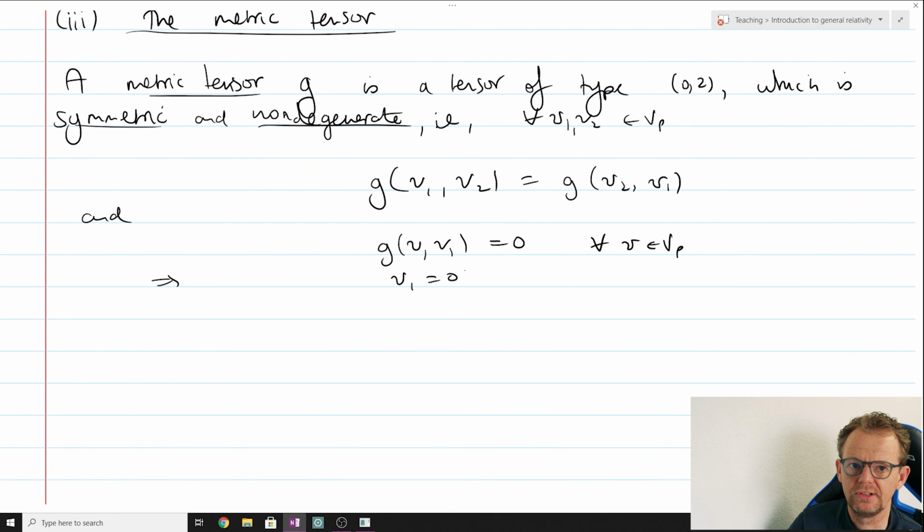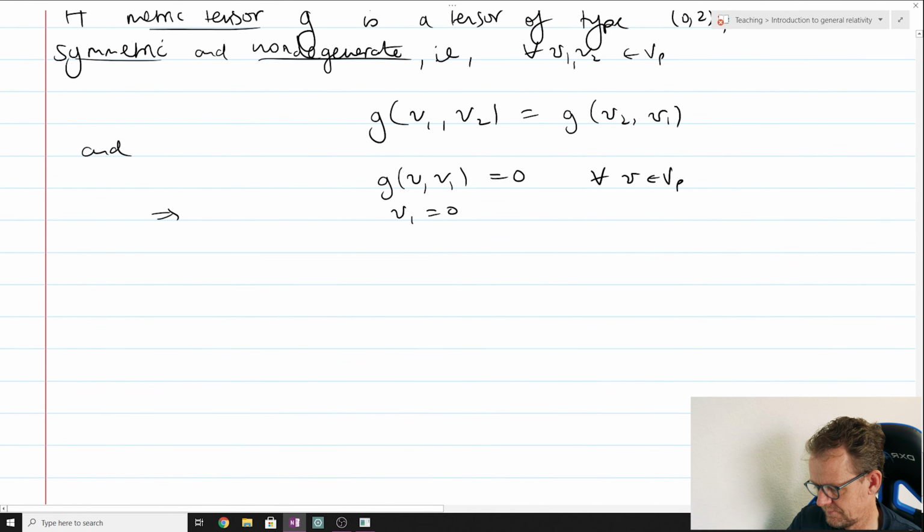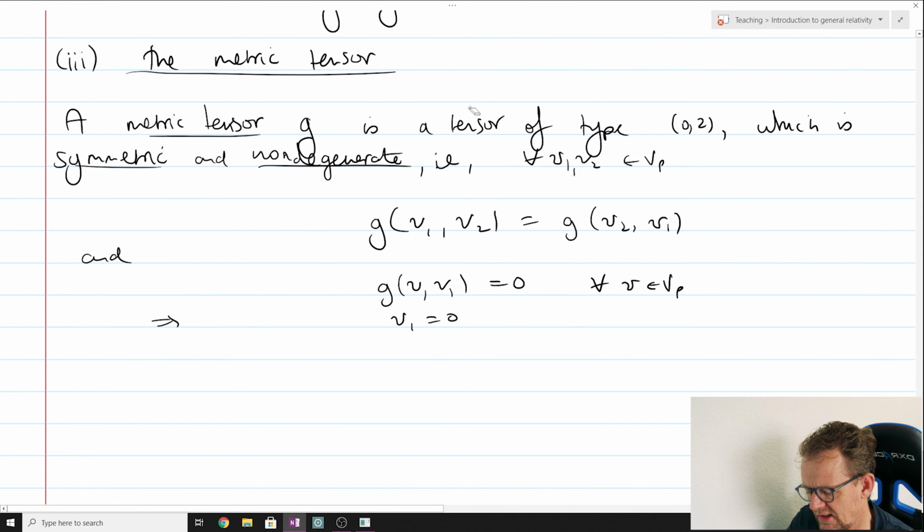So this set of numbers here, this is a tensor of type (0,2). It's got some additional conditions on it, namely that it's symmetric and non-degenerate. Whenever you have such a thing, a field of tensors like that, then you call it a metric tensor. So I said tensor, but I should say tensor field.